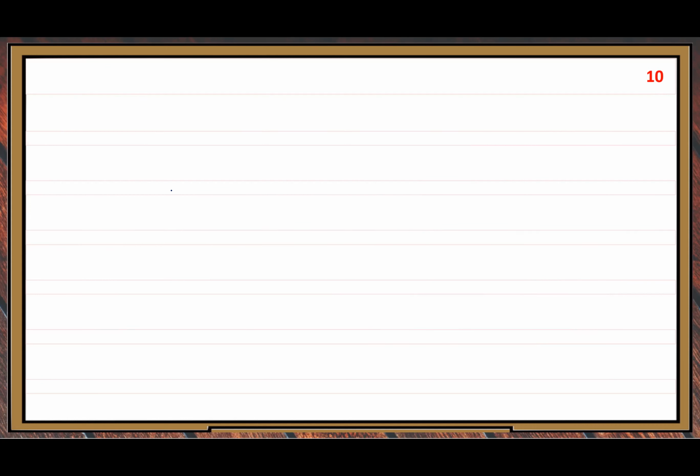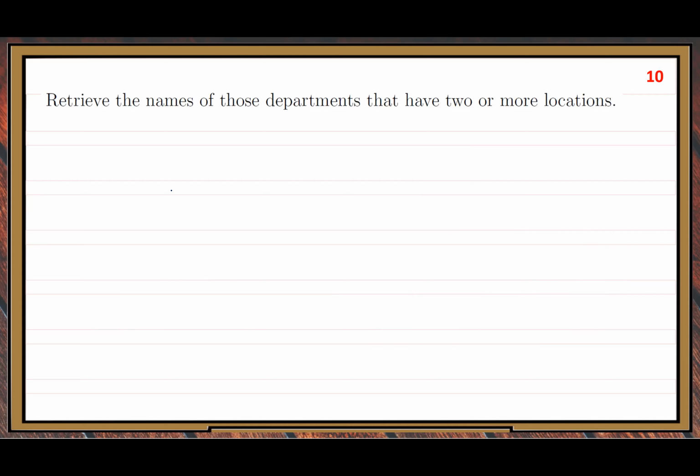The last question. Retrieve the names of those departments that have 2 or more locations. We have the department location table, but we need to look at the number of locations for all those departments: 2 or more, not just one location.